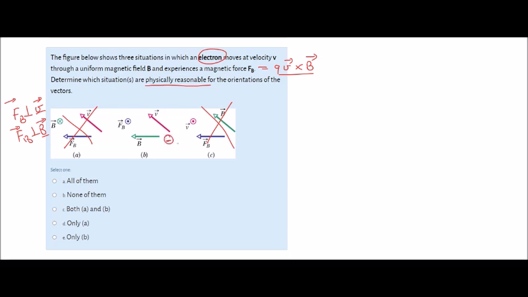V cross B is out of the page, so where should the force be? Into the page. Here the force shown is out of the page, so this is wrong too. So none of them is true.